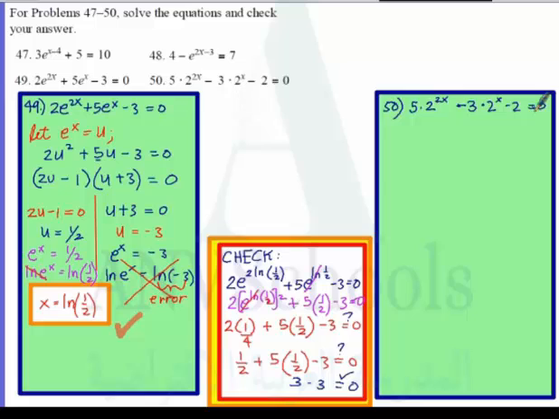Now the solution of this equation is similar to number 49. So if we want to get an x, let us use some notations.